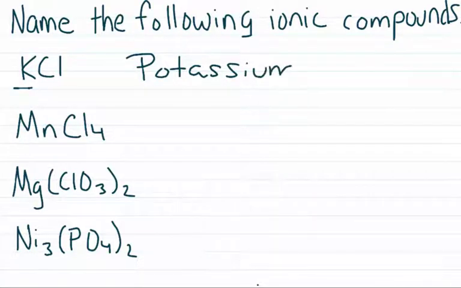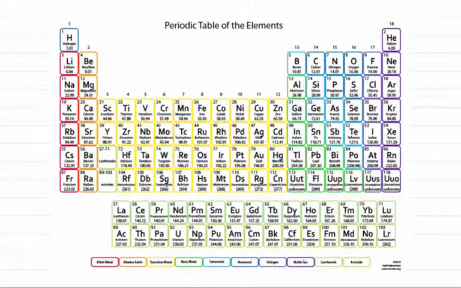Next step is to determine if that metal is a representative group or transition metal. So for that we need our periodic table. We find potassium here in group 1, which means that it is a representative metal.